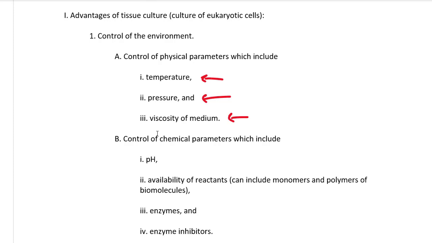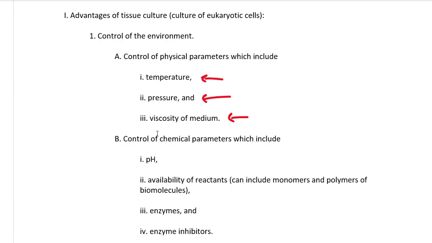So basically here, if you're growing cells in a petri dish or some other vessel, you can control the physical environment those cells are in very well. You can increase the temperature, lower the temperature, you can add more pressure if you wish, or you can change the viscosity of the medium that they're in, make it more viscous or make it less viscous. And these are all physical parameters that can be controlled very easily.